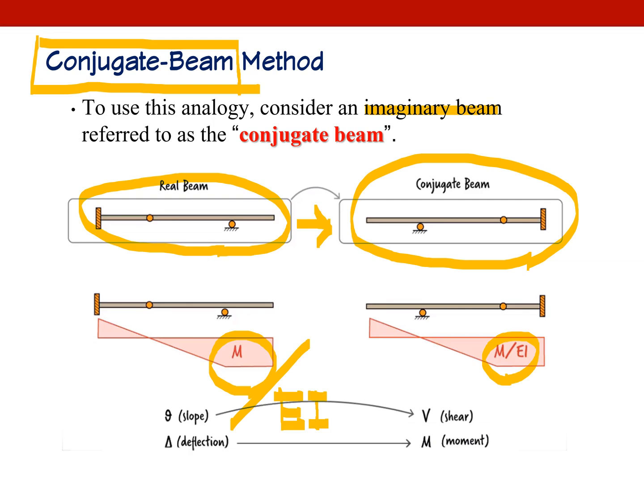So anyway, please note that the bending moment diagram and the M over EI diagram are exactly the same in shape, but the scale is different because you are going to divide M by EI, which is a huge number. Okay, but we are going to compare slope with shear, deflection with moment.